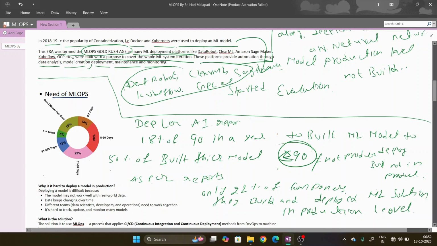To deploy machine learning solutions in production is difficult.